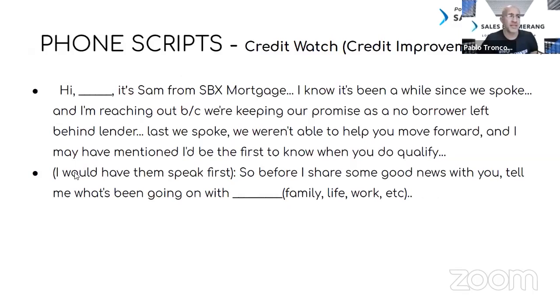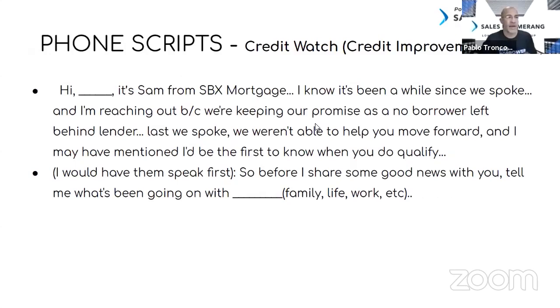And by the way, if they say, wait a minute, who is this again? I literally would just repeat this first part of the script. Okay. So I would say, hey, Charlie, listen, it's me, it's Pablo from Sales Boomerang Mortgage. Right. And the last time we spoke, we weren't able to help you move forward. We were trying to get you qualified.